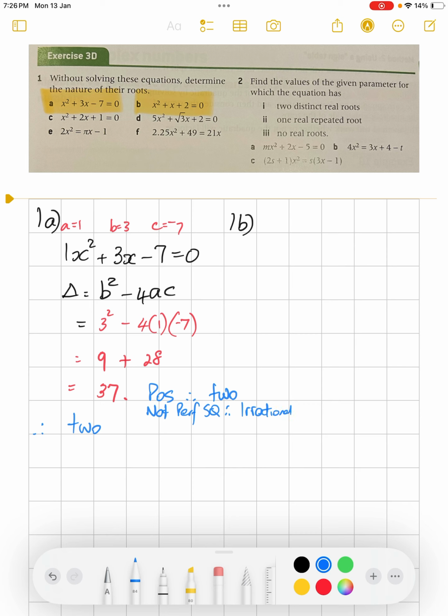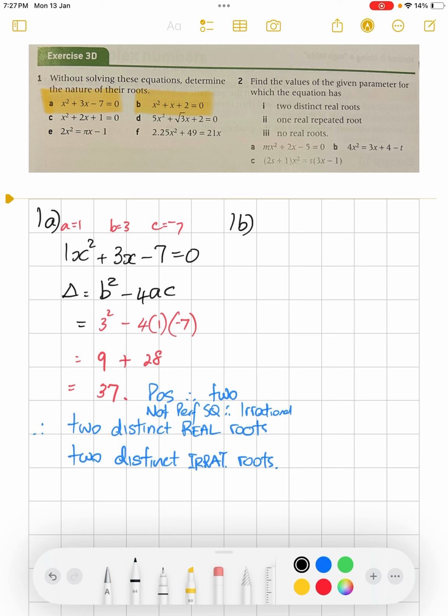So there are two distinct real roots, and we know that they're not rational because 37 is not a perfect square. Two different irrational roots. If you wanted exact values, you'd have to use the square root of 37 as part of the solutions. Without solving, so I can't solve it.